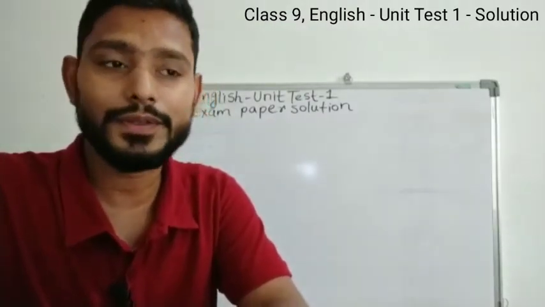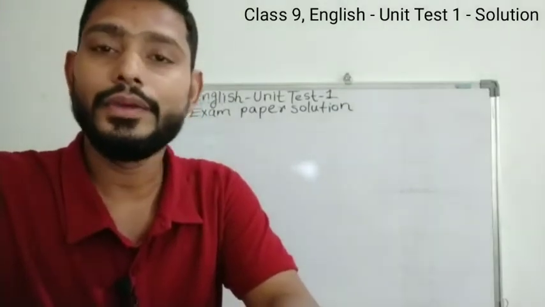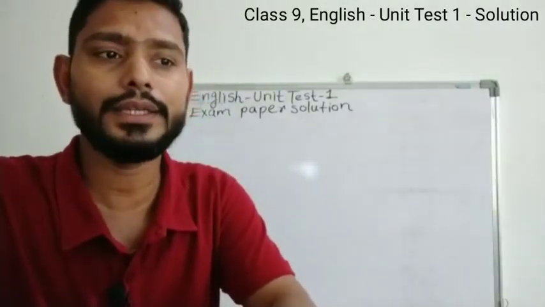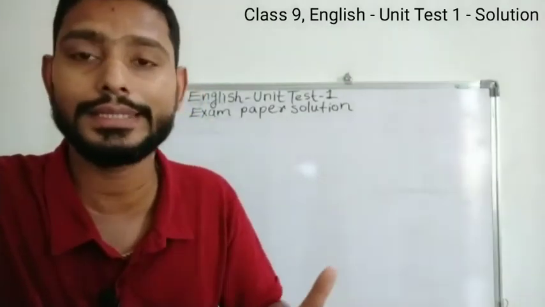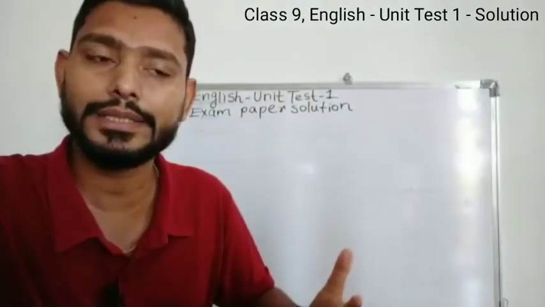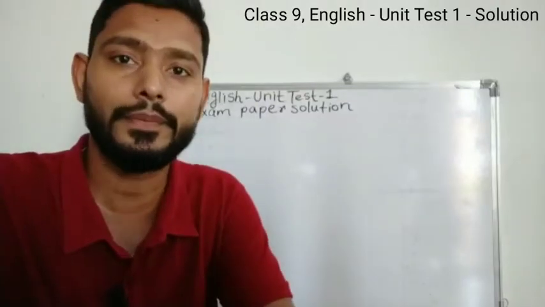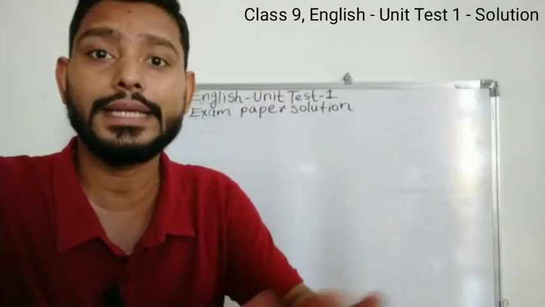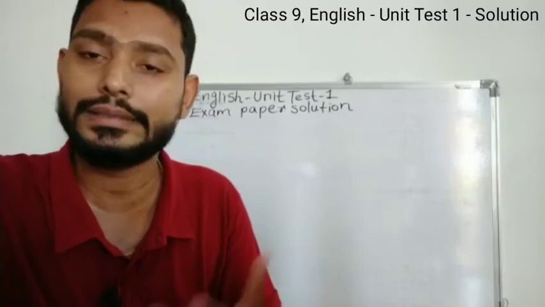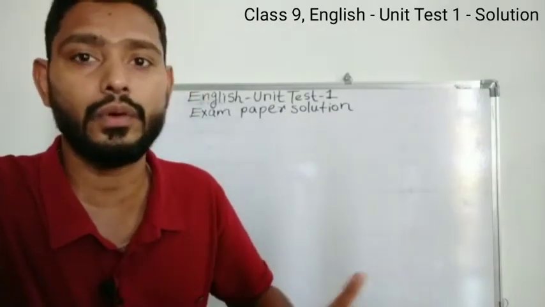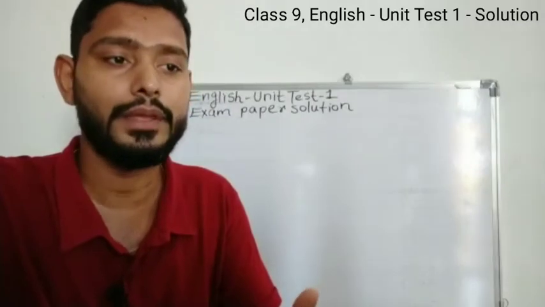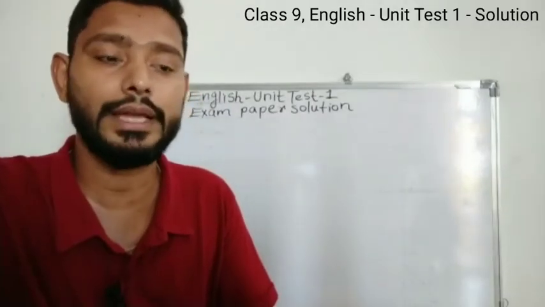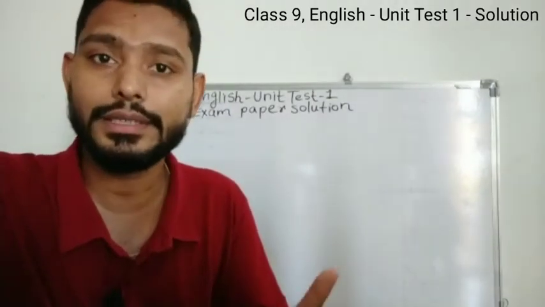That is one plus point I really like about you, okay? And you have done this paper because I have made the paper based on the CBSE and NCERT syllabus and paper pattern. There is a reading section first, the reading comprehension passage, then grammar, then writing, and then literature.